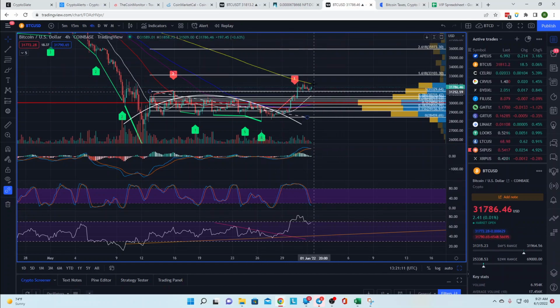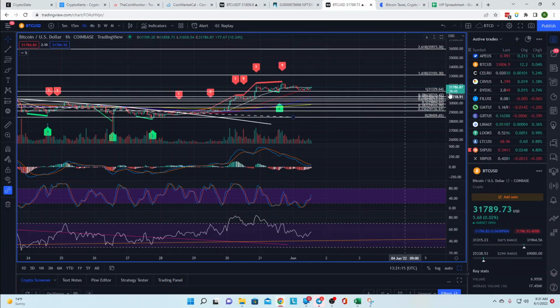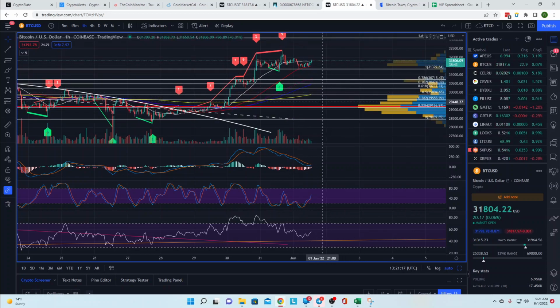So again, we'll have to monitor that for some upside push here over the next hour or two. And you can see here, the 200 on the hourly is way down here. So if Bitcoin fails to maintain the support of the 21 and the 50 here, then we can start to see a push down to, say, the 80 or the 100. The 200 probably won't come into play in the immediate term.